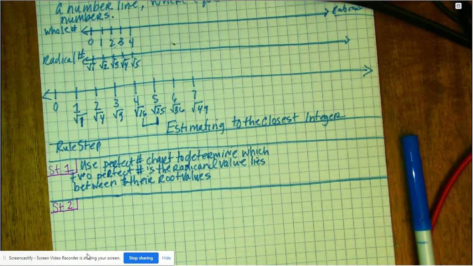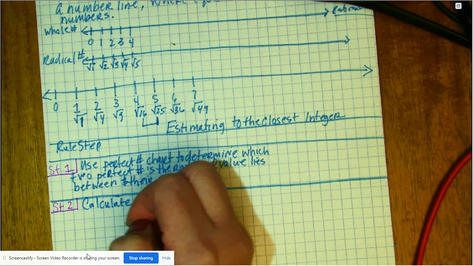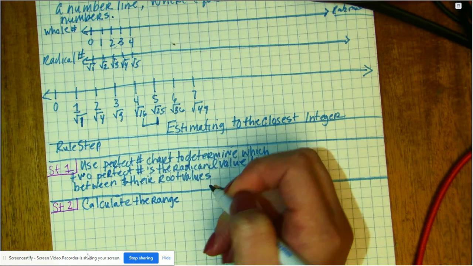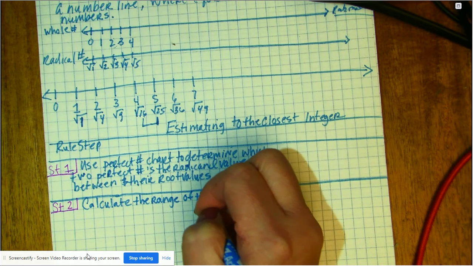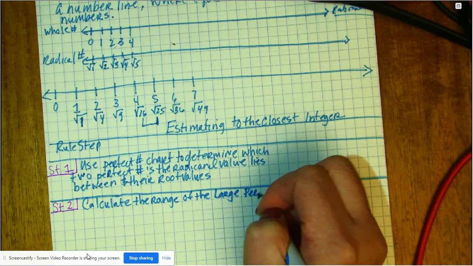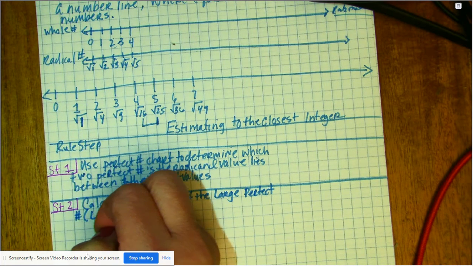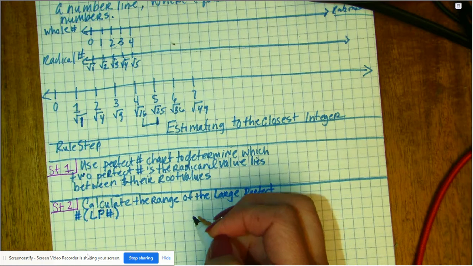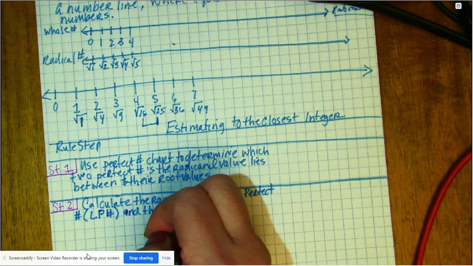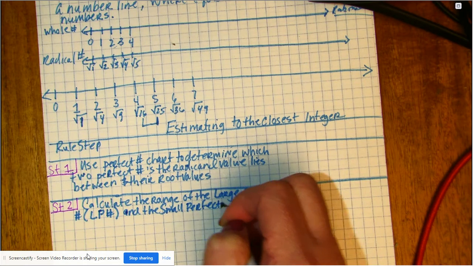Step number 2, calculate the range of the large perfect number, which we're going to call LP, and the small perfect number.